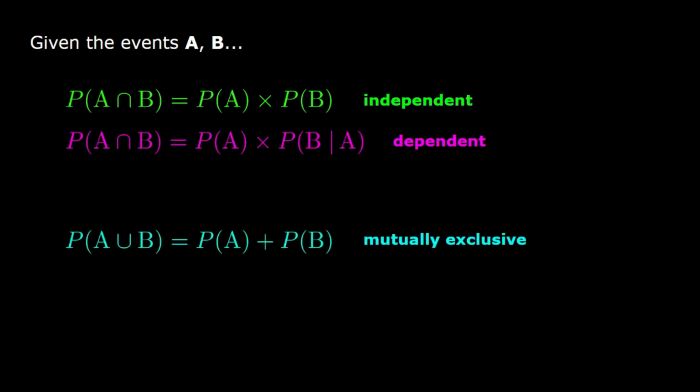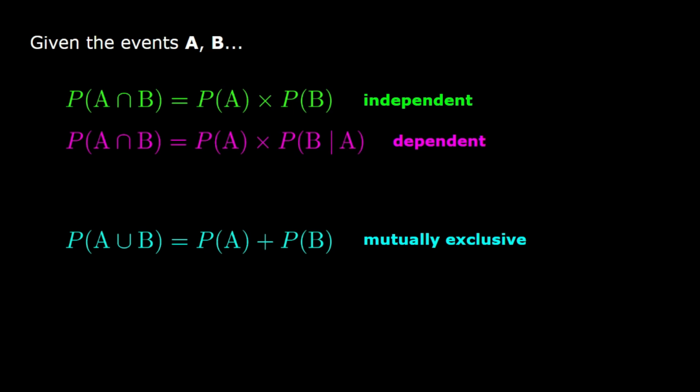And dealing with mutually exclusive events, well, of course, if you are calculating the probability of A and B, if you're working with mutually exclusive events, that's an easy one. That would be 0. But more typically, you're probably trying to calculate the probability of A or B, or the union of A or B. And if you have mutually exclusive events, you don't have to worry about the overlap at all, and you can just add together the individual probabilities.